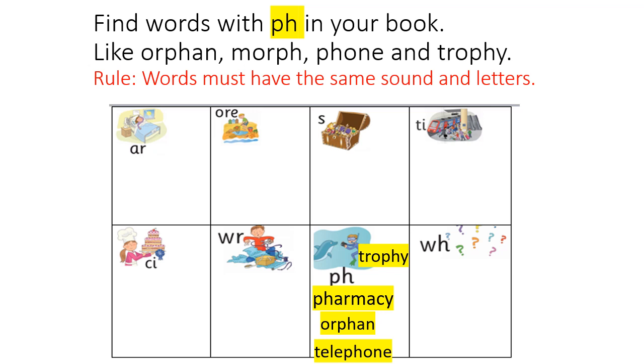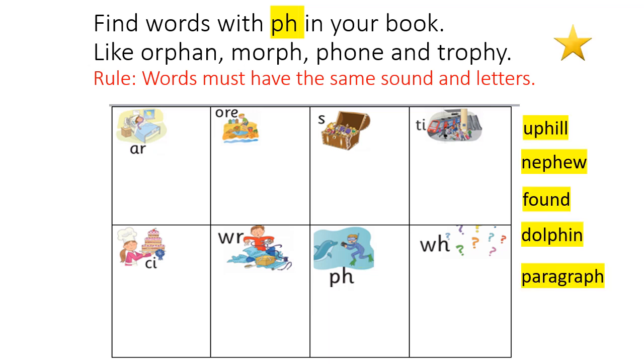So again, we have trophy, pharmacy, orphan, and telephone. So we have other words here on the side that you will click on and drag if they have the same letters and same sounds as the other words that we just read.